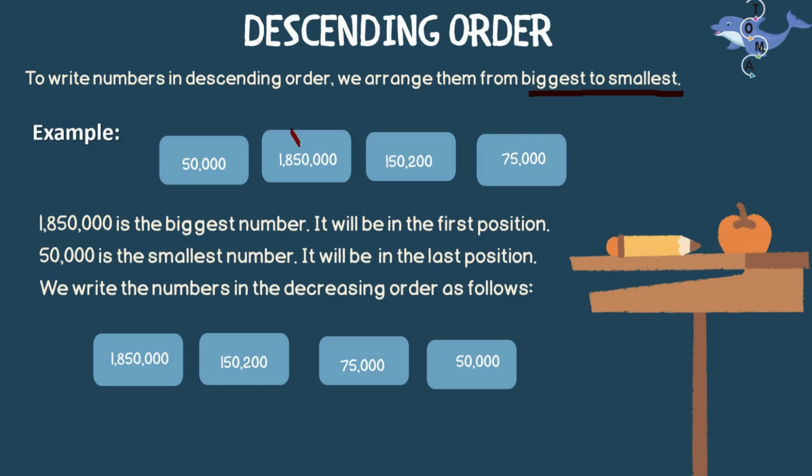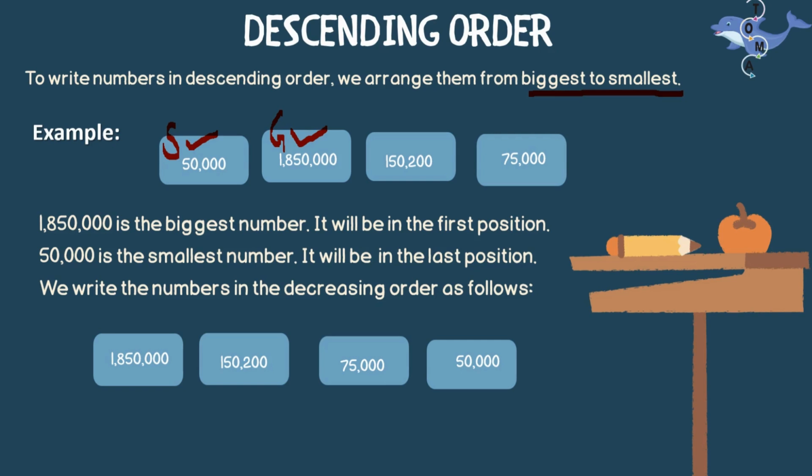So we already know that this number is the greatest or the biggest number. This number is the smallest number. So right now we are going to write down the greatest number first, and we are going to write down this number, which is the smallest number, 50,000, at the last position.